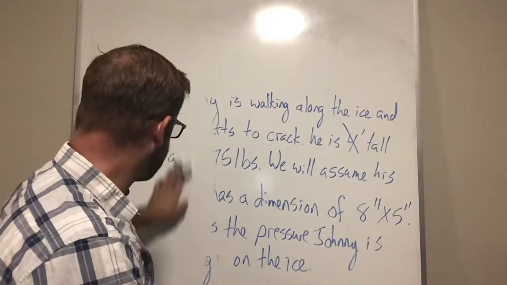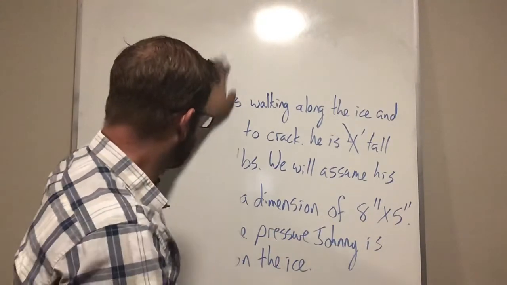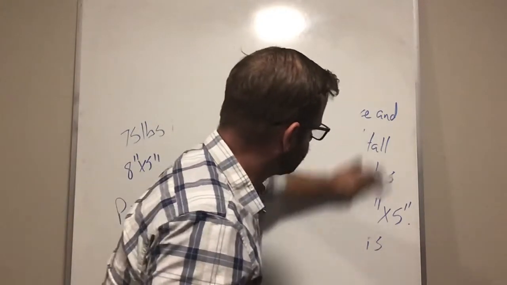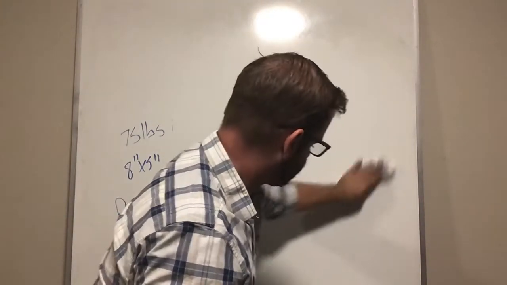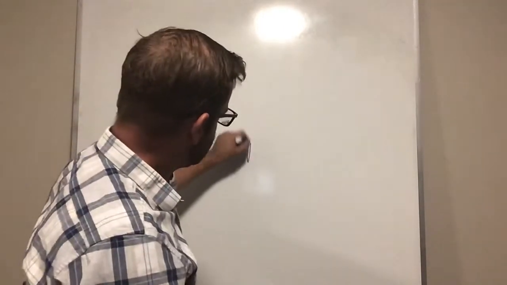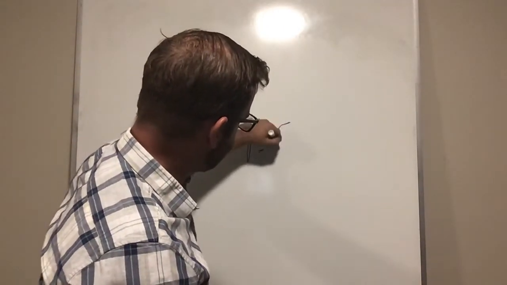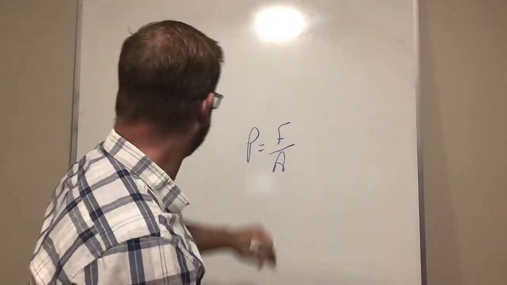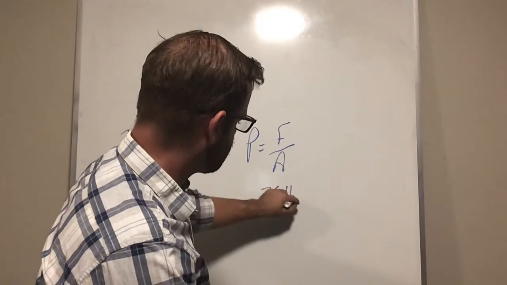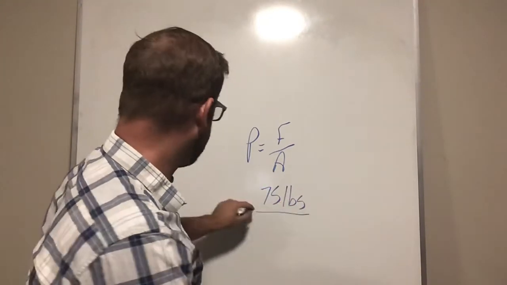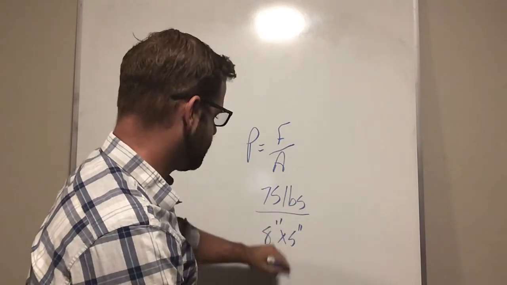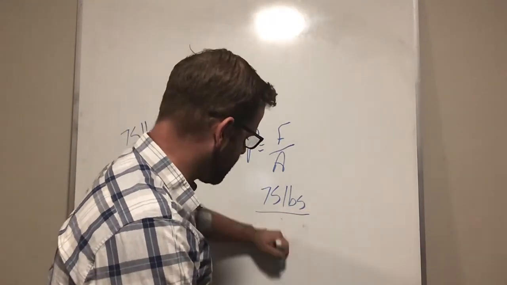So let's erase this now. Pressure is equal to force over area. Our force is 75 pounds. Our area is 8 inches by 5 inches, which is 40 inches squared.